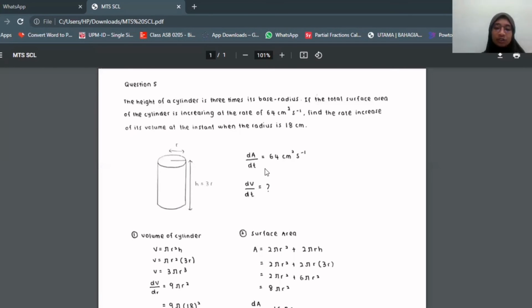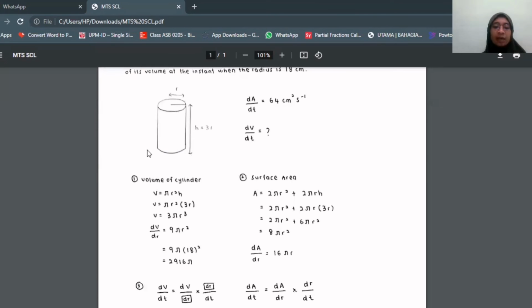The question also gives the information of dA over dt. The question asks us to find dV over dt.